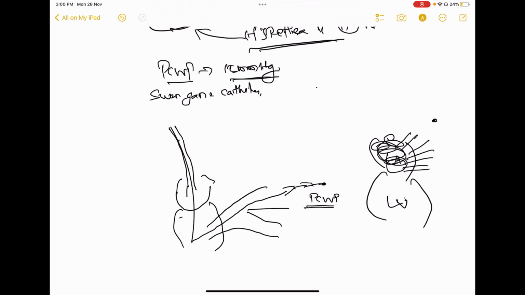This back pressure is transmitted into the small pulmonary capillaries. So the pressure from the failing left ventricle is transmitted to the left atrium, the pulmonary veins, and the pulmonary capillaries, and is picked up by our catheter, which is lodged, or wedged, in the pulmonary capillaries. That's why you call it pulmonary capillary wedge pressure.